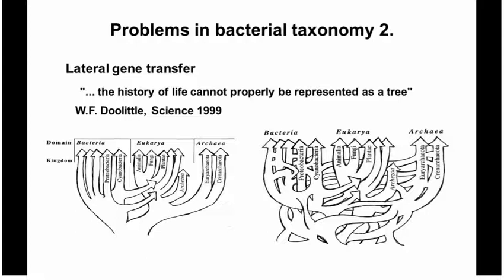Now, some people are rather pessimistic about this, including the evolutionary biologist William Ford Doolittle. Even 20 years ago, he was saying, look, the problem is the history of life. This tree is how we want to see things. We want it to be simple, and we want it to be tractable by the human mind. But Doolittle said, well, maybe it's impossible.